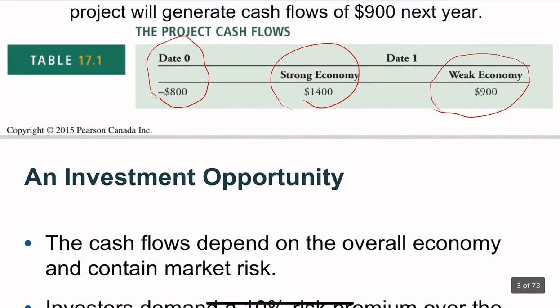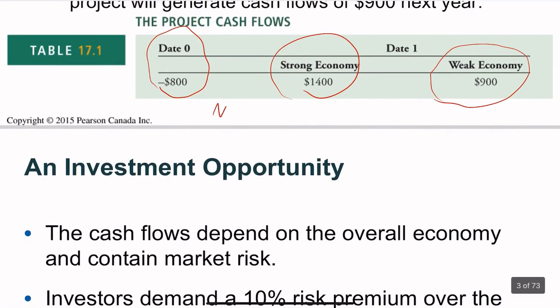So let's assume the cost of capital is 15%. Now the NPV is very easy to calculate, right? NPV equals today's cash outflow plus the expected cash flow in the future. You can see that we're using the expected cash flow because strong economy and weak economy each happen with 50% chance, divided by the discount factor, which is the cost of capital, 15%.